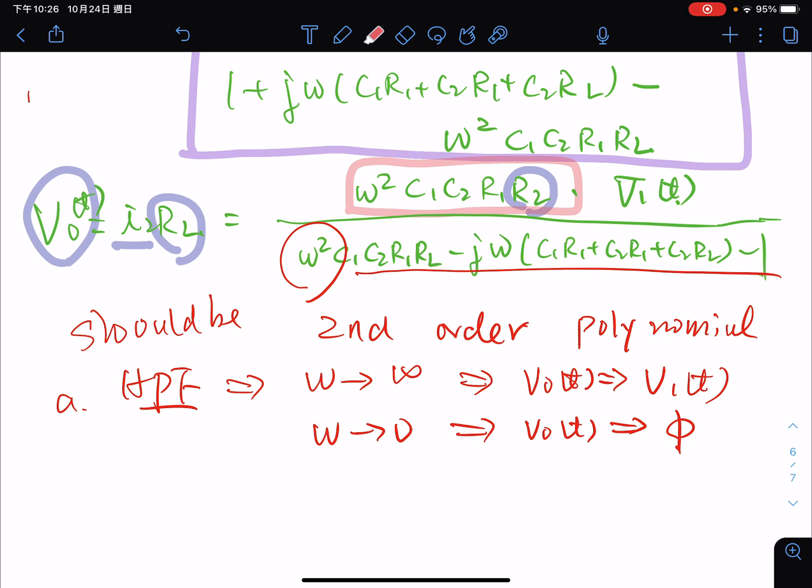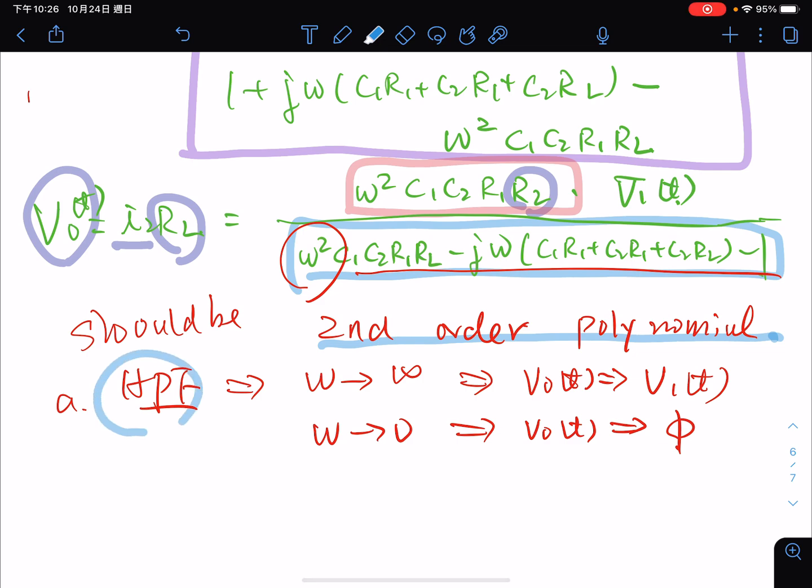But the denominator is a little bit complicated. The denominator is this one. But the denominator actually is a second order polynomial. So this one should be a high pass filter.